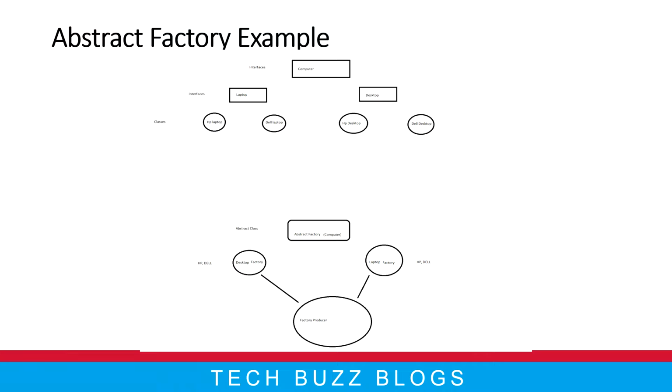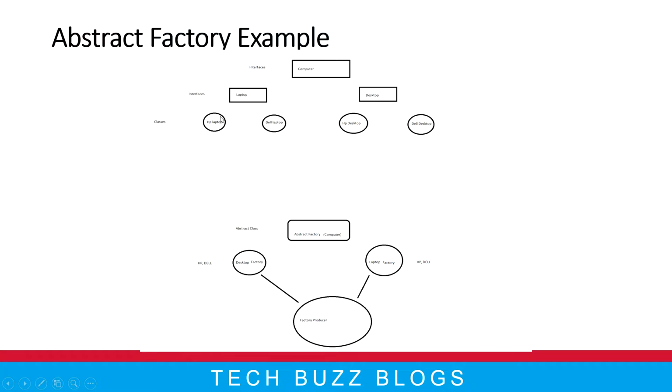Then coming to the abstract factory logic, I have to create one abstract class which will give me the computer object. What does a computer object mean? We have one interface called computer. We extend the interface and create laptop, desktop, whatever it may be.